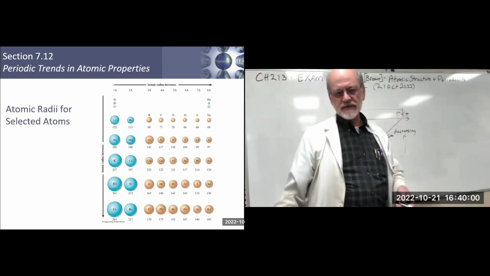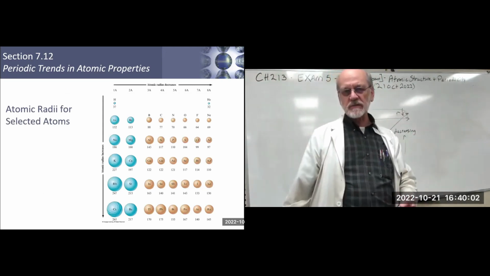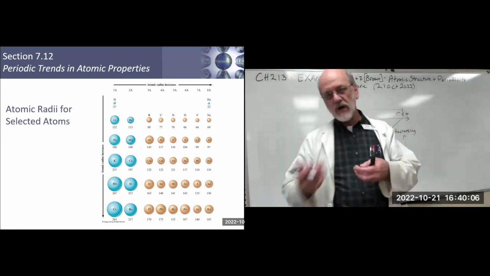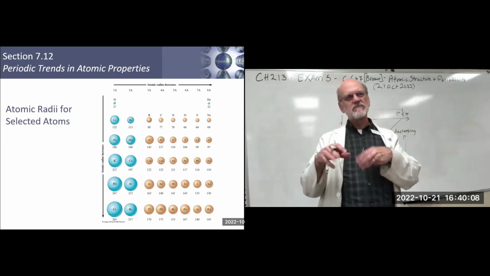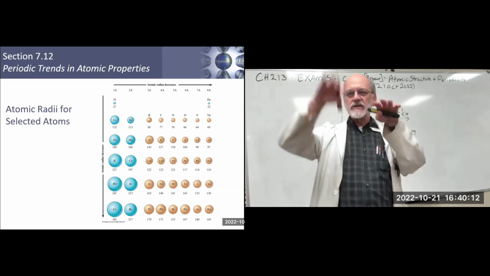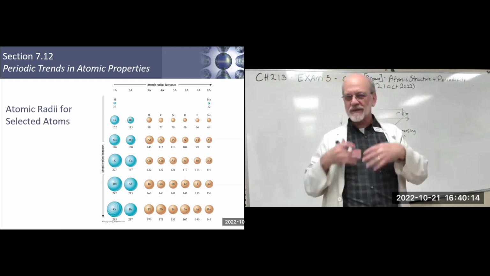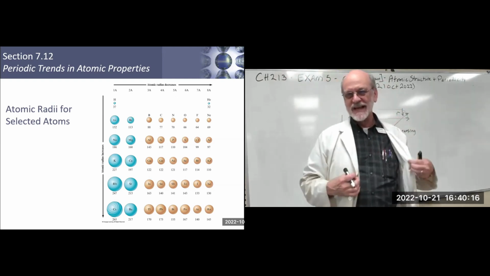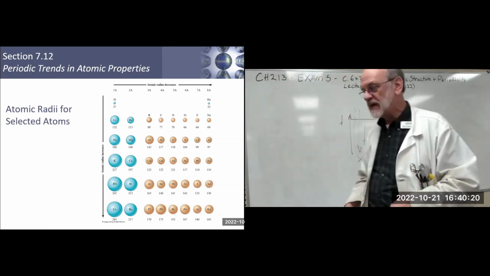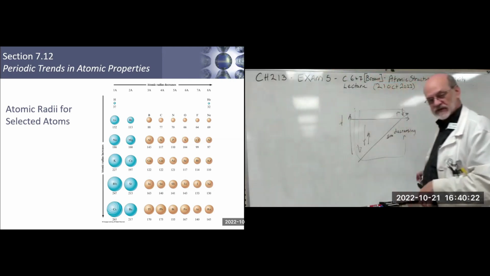And this is a representation. Notice that they excluded the transition metals because the transition metals, they're mostly pretty close together. Plus they do some ups and downs. So they kind of mess up the trend, right? Lower left to upper right works as long as you're with the representative elements. The first two groups and the last six.